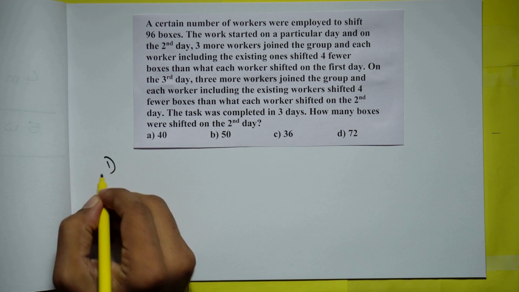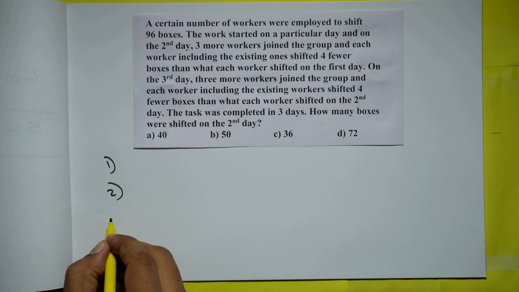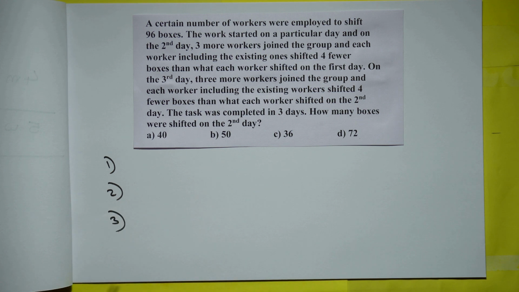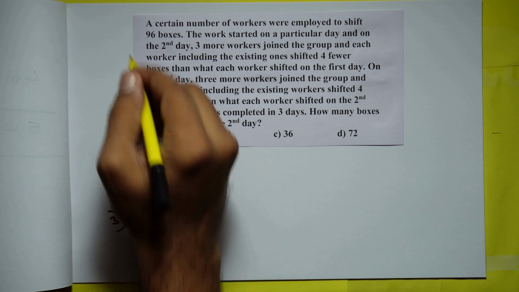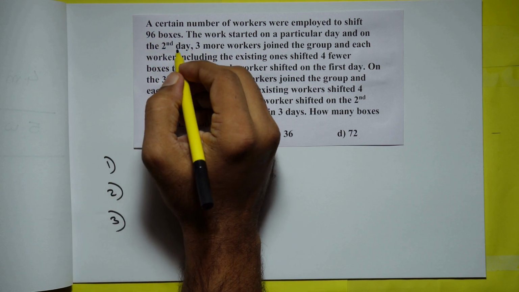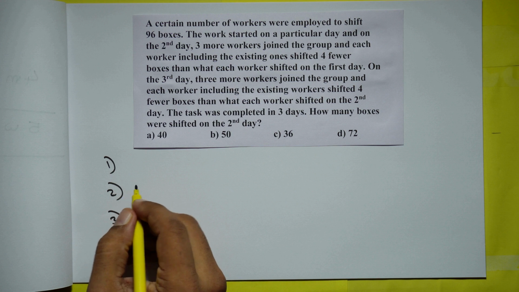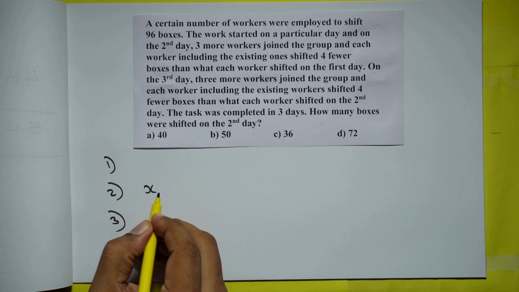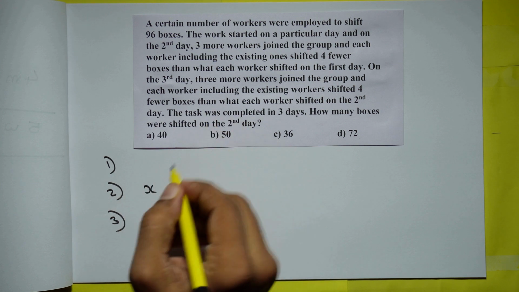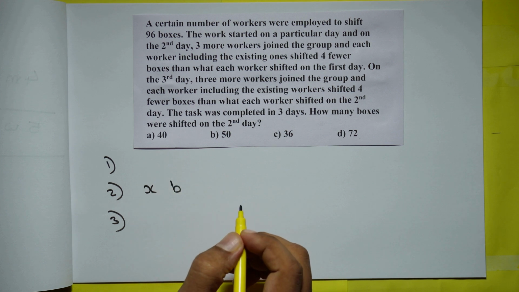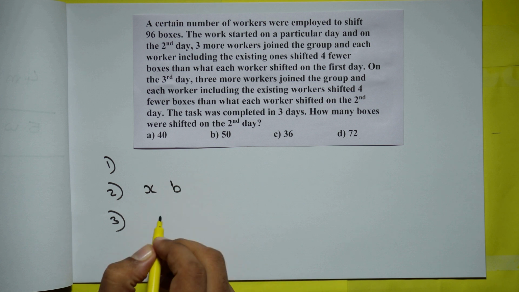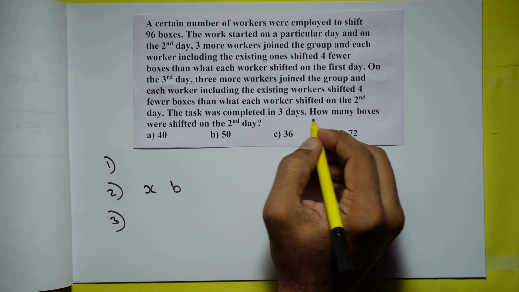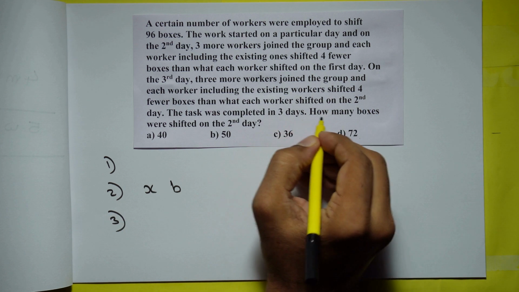So this is the first day, second day, and third day. Now we need to find out the number of boxes that were shifted on the second day, and altogether 96 boxes were shifted. Now we will assume that on the second day there were X men, and each shifted, let us say, B boxes. So XB is what we need to find out, the number of boxes that were shifted on the second day.